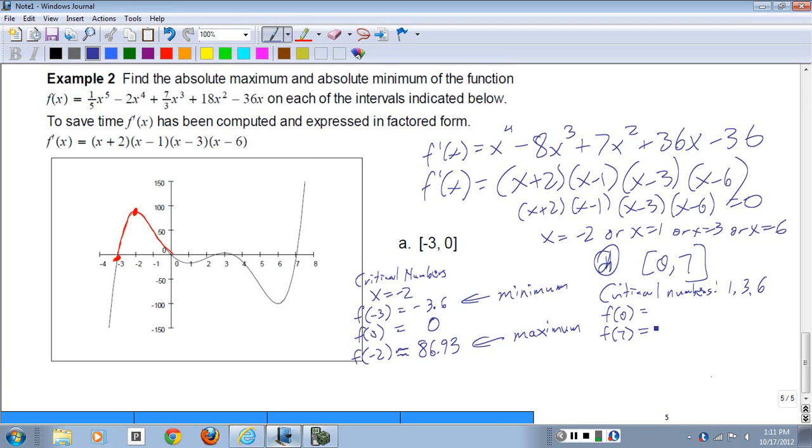So we evaluate the endpoints, and then we also evaluate it at each of the critical numbers. Here goes. f of 1, f of 3, and f of 6. So 2 endpoints, 3 critical numbers. The absolute maximum and absolute minimum values of the function will occur at one of these 5 points.